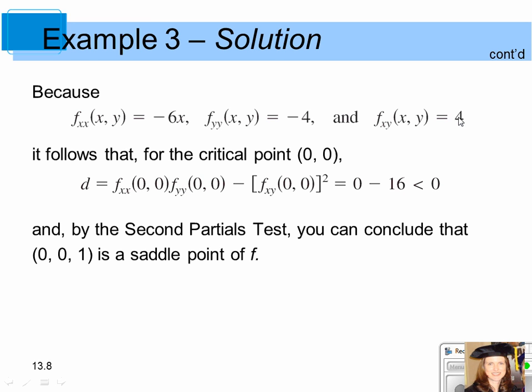And then that mixed partial is 4. You square it, it's going to be 0 minus 16. And that's a negative number, it's less than 0. So by the second partials test, you can conclude that 0, 0 is a saddle point. To get the z value, you plug 0 back into x and y in the original equation to get 1.